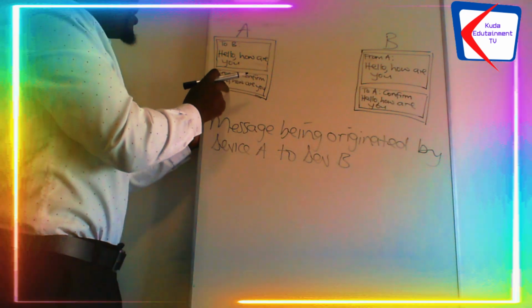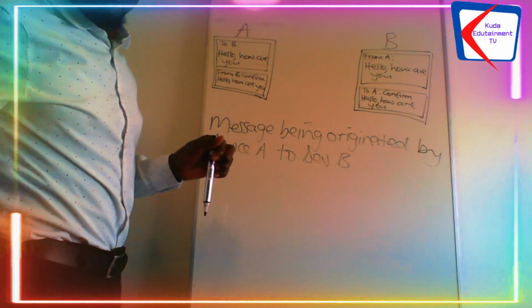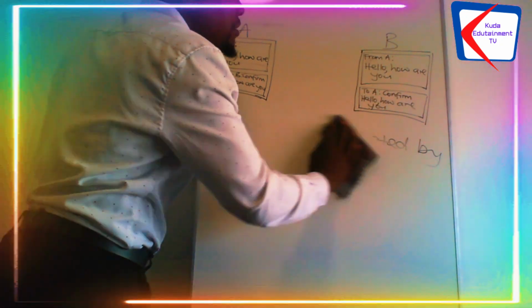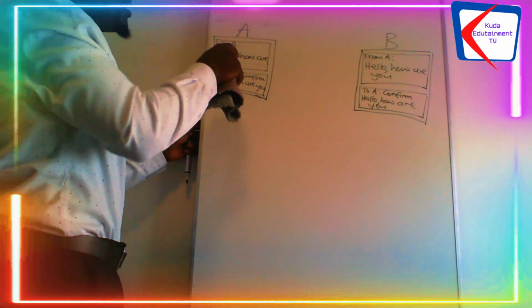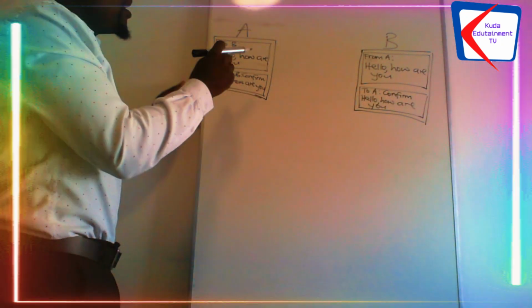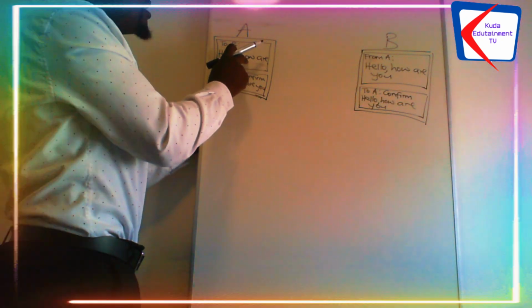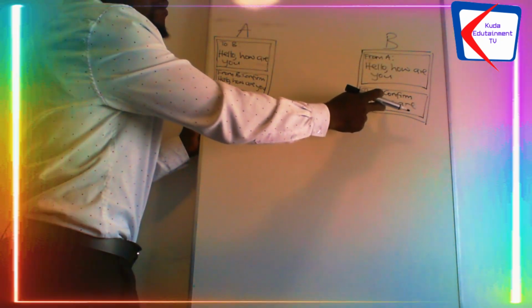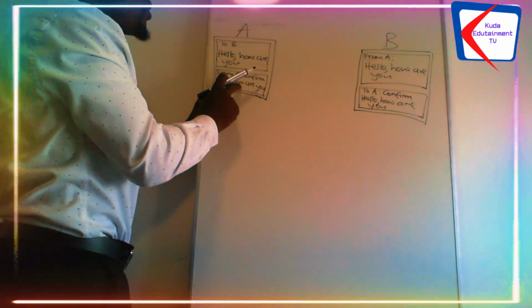Now device A will be in a position to say there were no errors, because these two messages are the same. Device A is comparing the message it posted to device B against the message it received from device B.